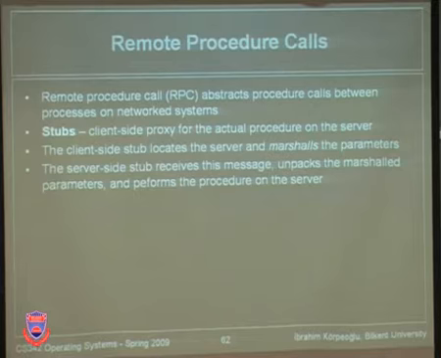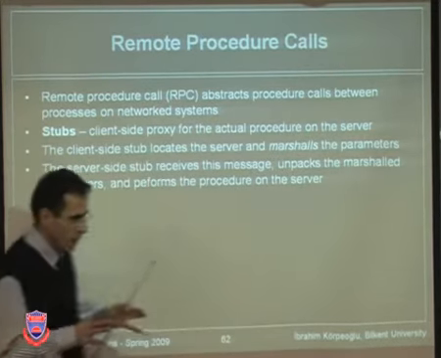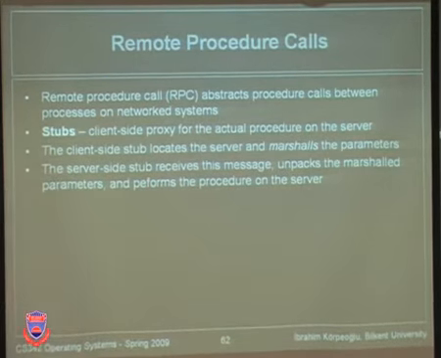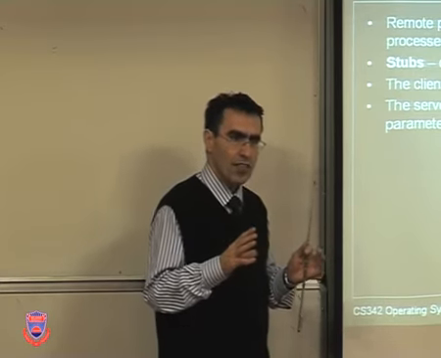Okay? And one issue here is a term that will be introduced, which is the marshalling of the parameters. As I said, when the client-side proxy intercepts the procedure that's called remotely at the local machine, then it builds a message and it puts the parameters. While putting the parameters and name of the function, it follows some standard. Okay, this is called marshalling the parameters.